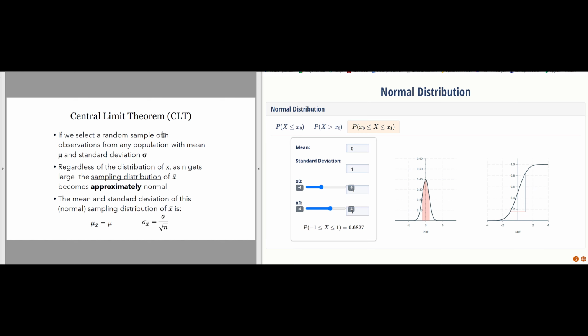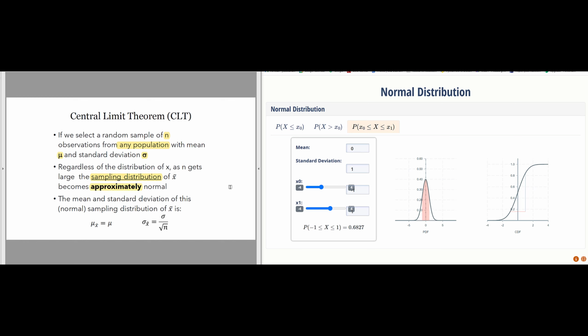If we select a random sample of n observations from any population, no matter how that population is distributed, then if that population has a true population mean mu and a true population standard deviation sigma, the sampling distribution of the means of all samples of size n is going to itself be approximately normal.